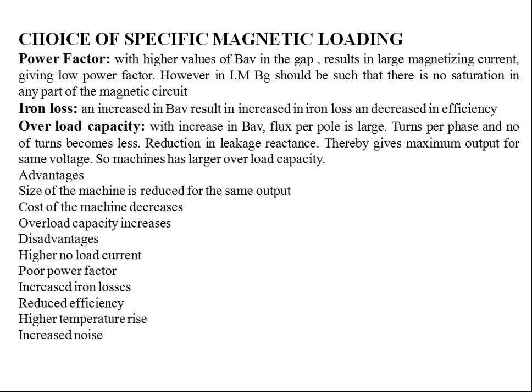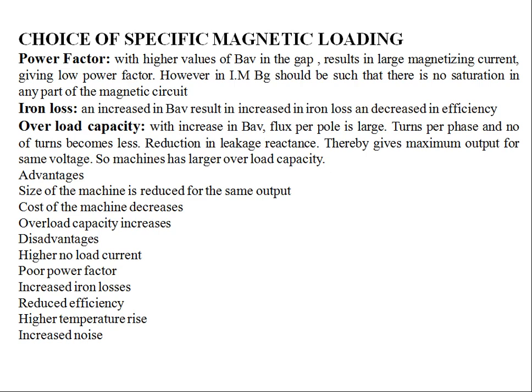With the specific magnetic loading being high, the flux per pole is large. Then the turns per phase becomes less. So the windings require less turns. That is the advantage.